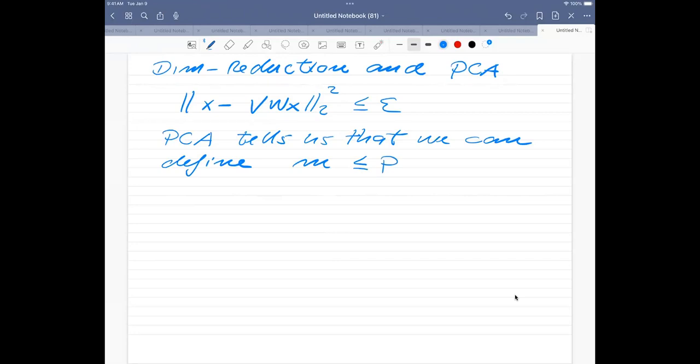So let's try to understand how the PCA can be used to find this quantity n. So the question is, how do we define n?